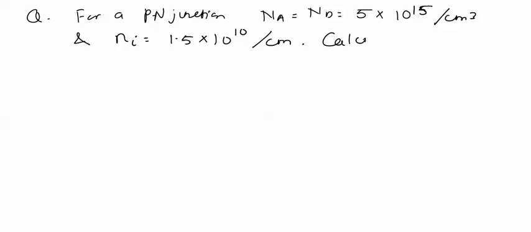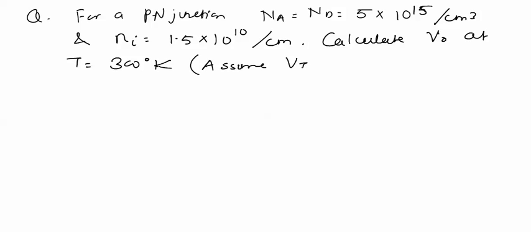Calculate V naught at T equal to 300 degrees. Assume Vt equal to 25 millivolt.